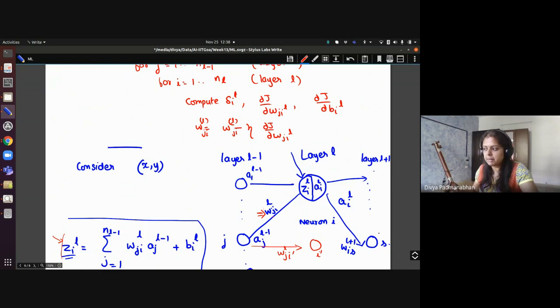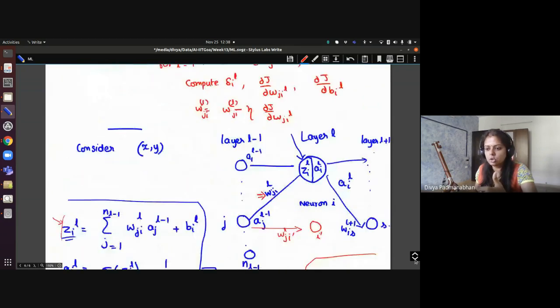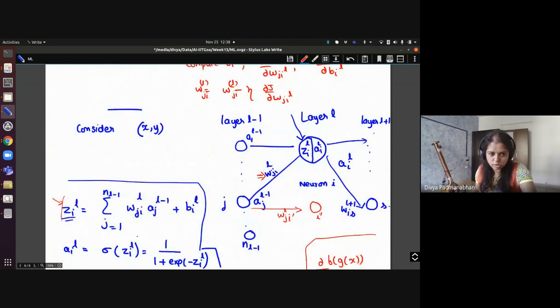In one pass you start from layer 0 and go all the way up to layer L plus 1, which is the last layer, and as you do that you keep computing z_i's and a_i's. Each neuron has a z_i and an a_i value, which you compute using these equations. It's just multiplying with W's and b's.